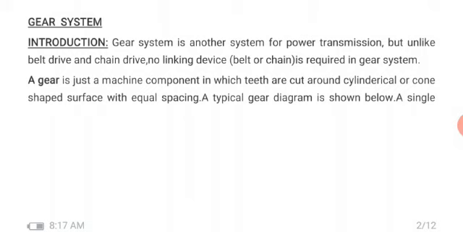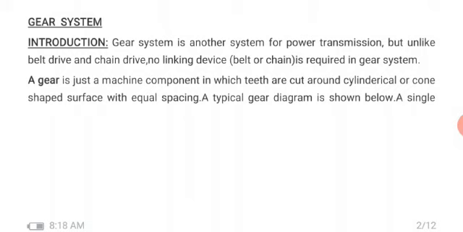If you have not forgotten, we will remember that when we want to use a belt drive to transmit power from one place to another, we connect belt across two or more pulleys. Also, in chain drive, we connect chain across two or more sprockets.